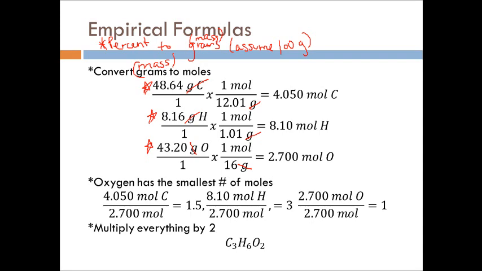All right. Now we look at our three values here, and this one has the smallest number of moles, 2.7 compared to the other ones. So we're going to divide each one of these by 2.7. When you do this, you know you're doing it correctly when at least one of your values for this third step ends up being 1. So oxygen will end up being 1 here.